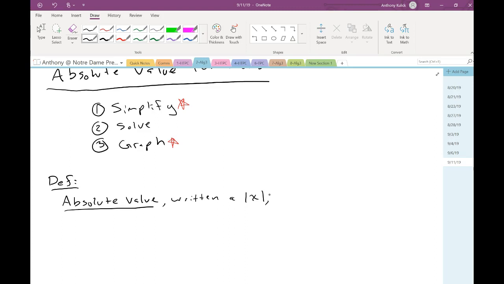If I'm talking about the absolute value of x, I'd write vertical bar, x, vertical bar.